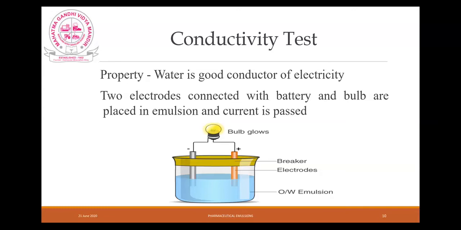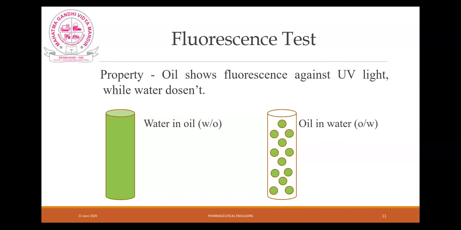Fourth one is the fluorescence test. The property of oil is that it gives fluorescence against ultraviolet light, while water does not have this property. In a test tube, take an emulsion and observe it against the ultraviolet light.